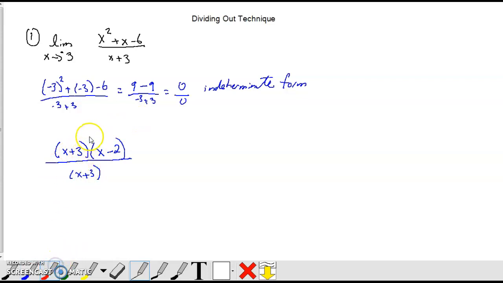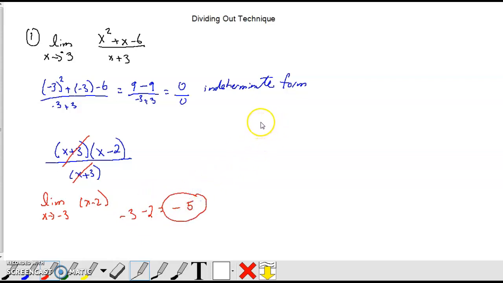So I'm going to take out x plus 3 and the x plus 3. So essentially what I'm actually doing is finding the limit as x approaches -3 of x minus 2. And this I can plug in. So -3 minus 2, which gives me -5.